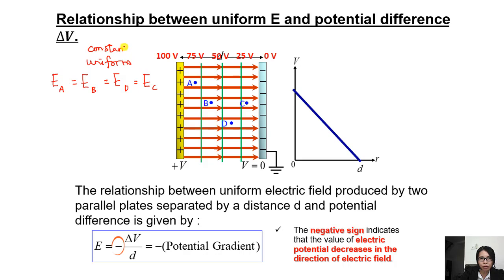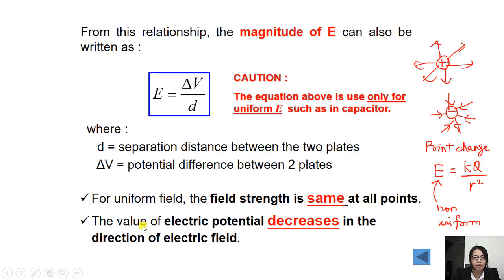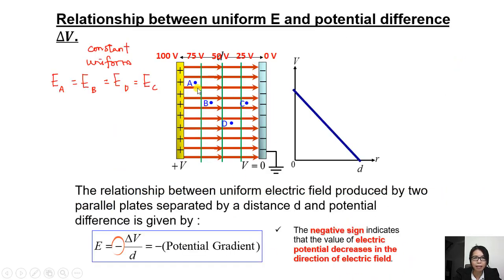The value is not changed. What differs is the potential. The value of electric potential decreases in the direction of electric field. So the potential at point A will be greater than at point B, greater than at point D, and greater than at point C. So the potential will be different, but the electric field strength is the same.